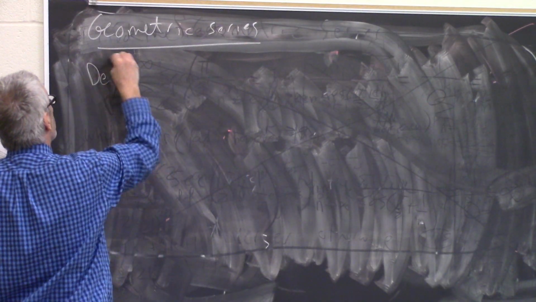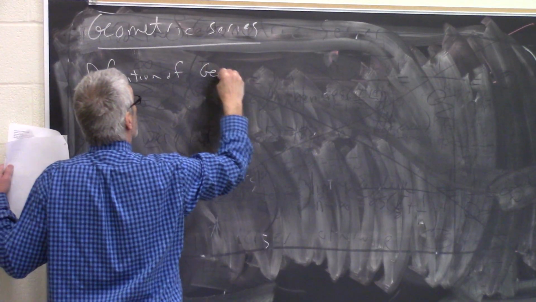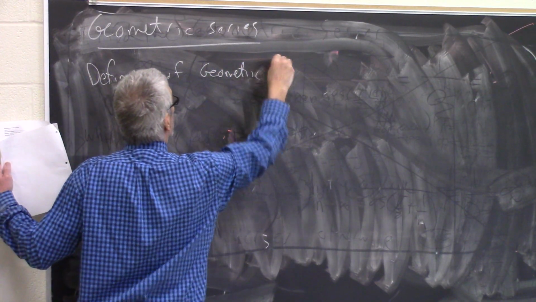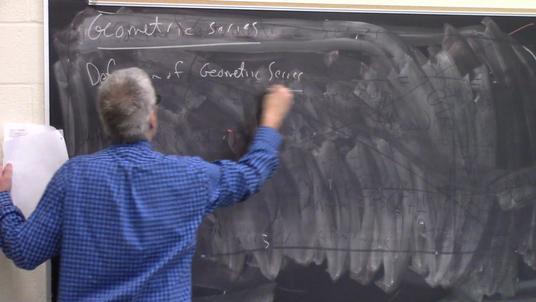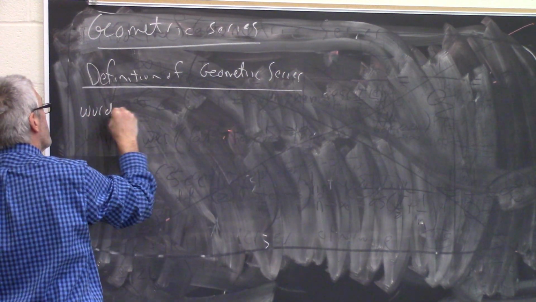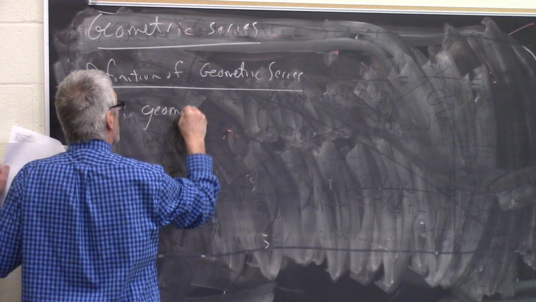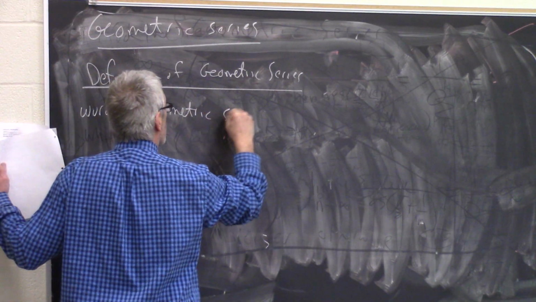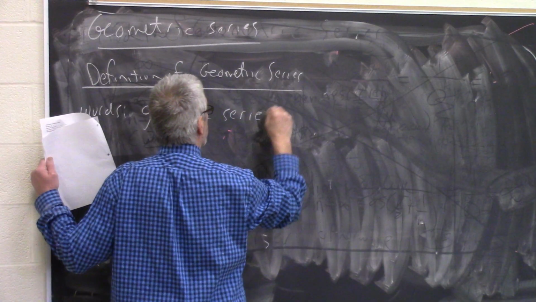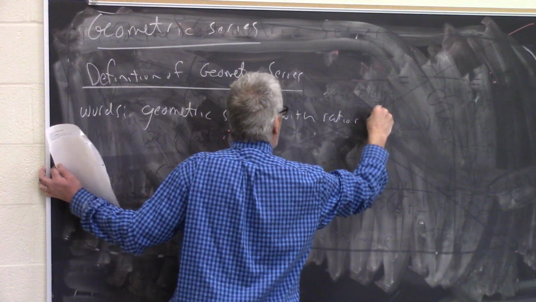So, definition of geometric series. So here's the symbol, or the words. Geometric series with ratio r.